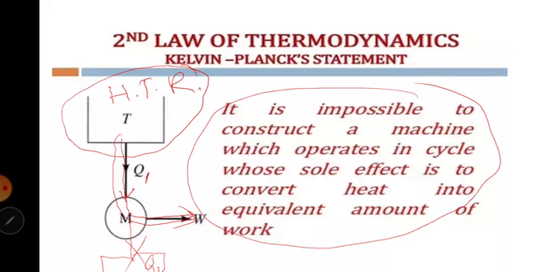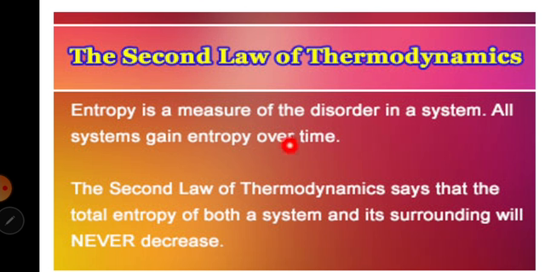You can also state the Lord Kelvin statement like this: it is impossible to construct a heat engine operating continuously in a cyclic process which takes heat from a high temperature reservoir and performs an equal amount of work without rejecting heat. So, according to Lord Kelvin's statement, it is impossible to construct an engine where there is no loss of energy.